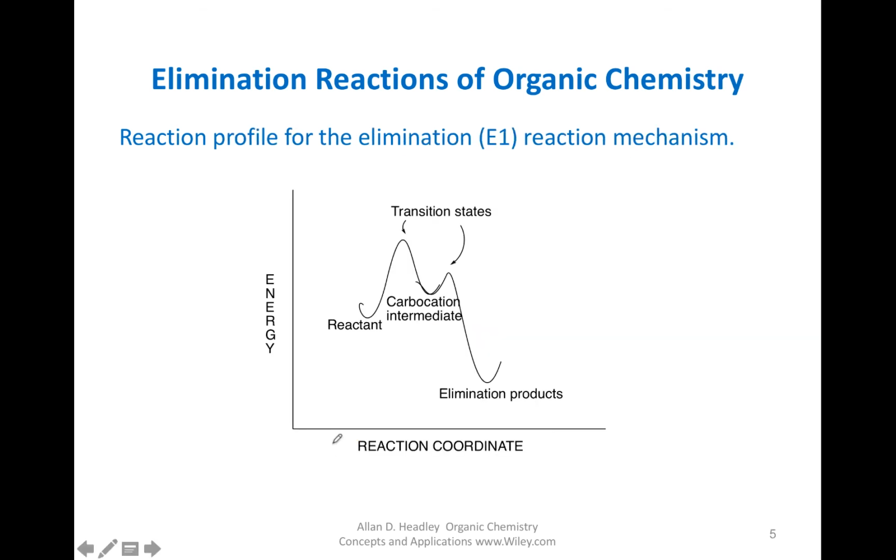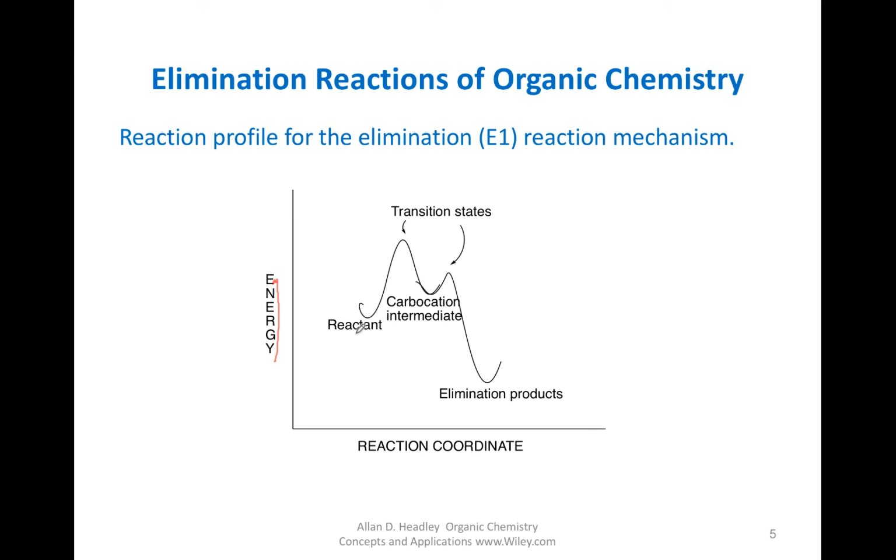As you know, in organic chemistry, we can describe a concept or a mechanism by using a diagram. Here, this is called the energy profile or the reaction profile, where energy is in this direction, and of course we have here the reaction coordinate, which means that we have reactant here and product over here.